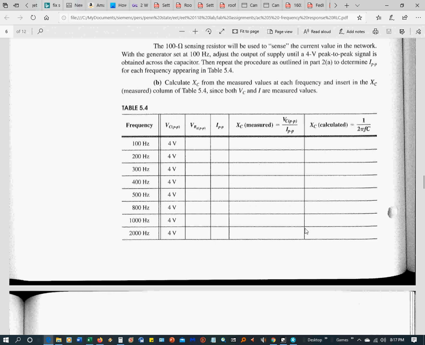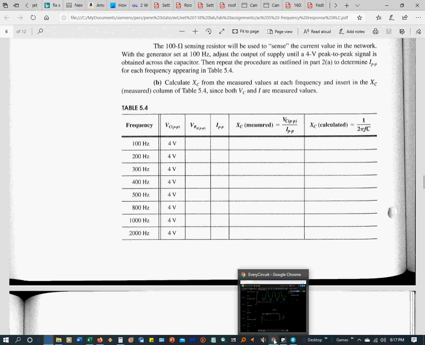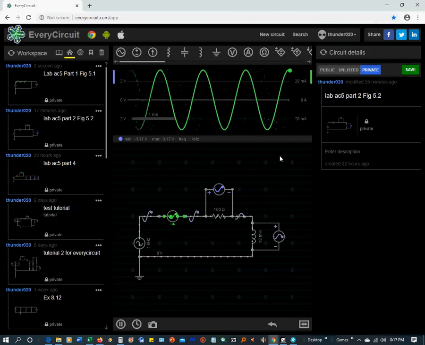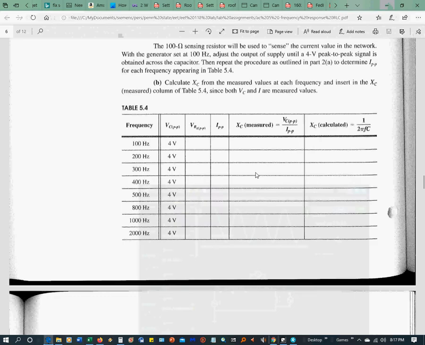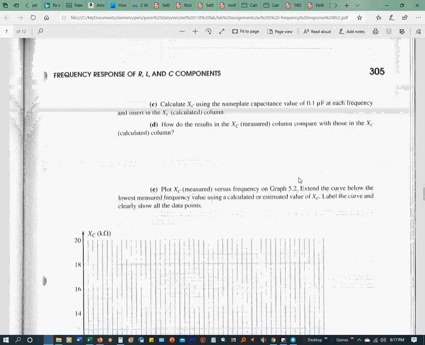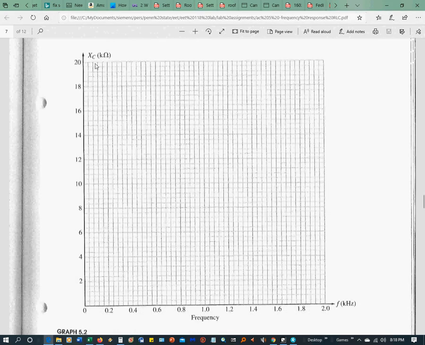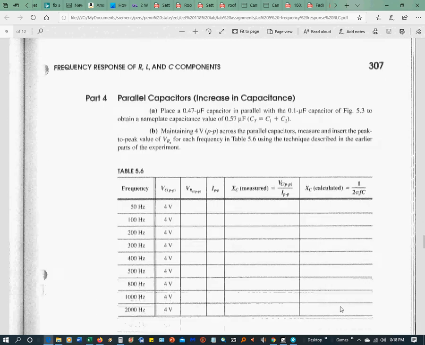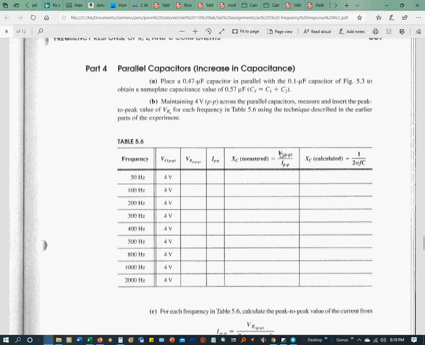They might be identical because this is a perfect situation. It's not laboratory. In the laboratory, you're going to get a slight difference between these two numbers, but it asks you about that. And then you plot XC versus F, answer these questions, and then what you're doing is part 4.